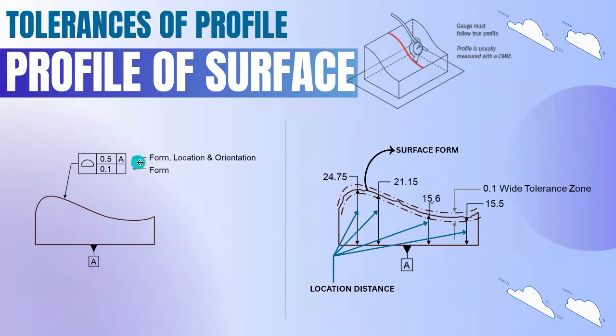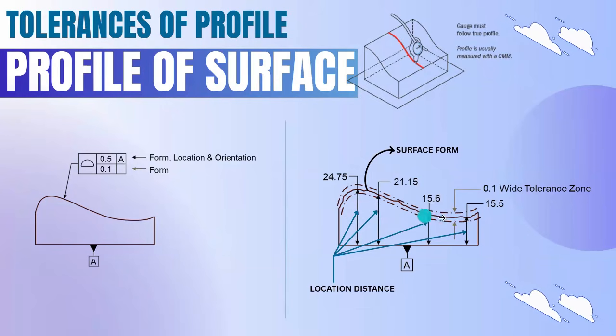So with respect to the datum, it's going to consider form, location, and orientation. Below, for 0.1, only form will be considered. Here you can see for each and every point, the distance will be there, like 24.75. So for each and every point, the distance will be maintained. If there is any deviation, then for location, it will go out of the tolerance zone, and the form of the shape also should be correct.